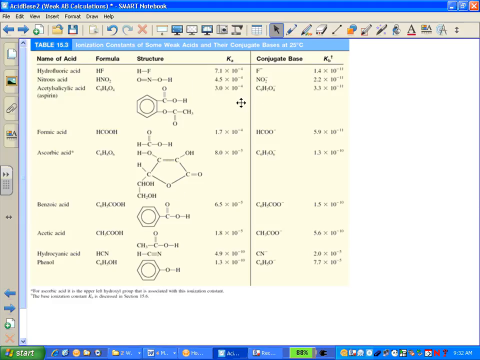What you'll notice is that they're put in order from largest Ka value to smallest Ka value, and the size of the Ka value really tells you the strength of the acid. Because the larger the Ka, the further the reaction has gone to completion, and therefore the stronger the acid.